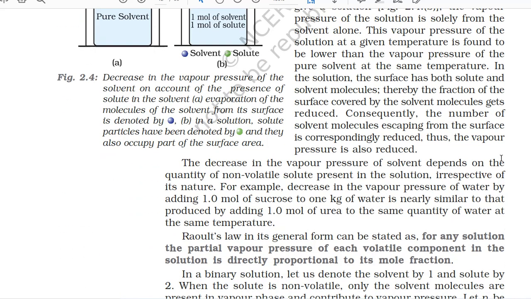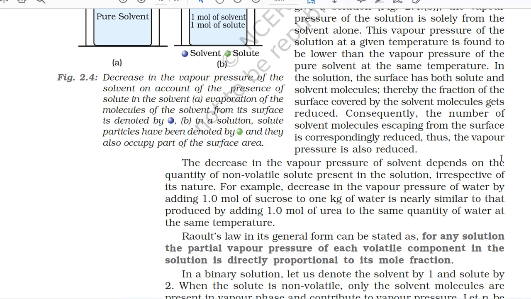In the solution, the surface has both solute and solvent molecules. Thereby, the fraction of the surface covered by the solvent molecules gets reduced. Consequently, the number of solvent molecules escaping from the surface is correspondingly reduced. Thus, the vapor pressure is also reduced.